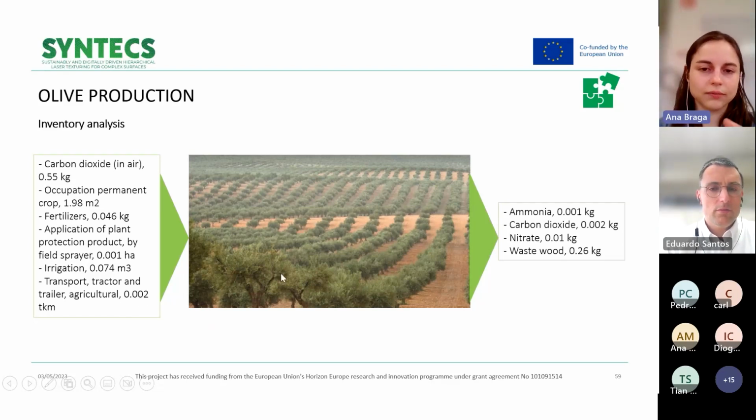So imagine this is a farm that also has the production and also just a few kilometers away has the extraction mill, because that happens a lot in Portugal, for example. The olives are close to the places where they will be harvested and then go to the extraction mill. It's not really far away, but we have that example.